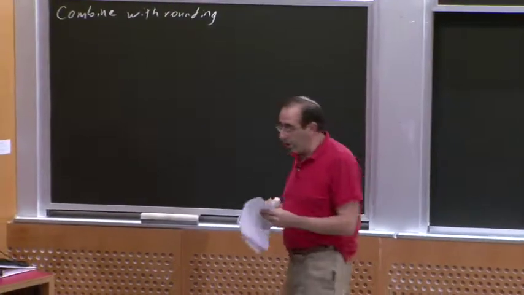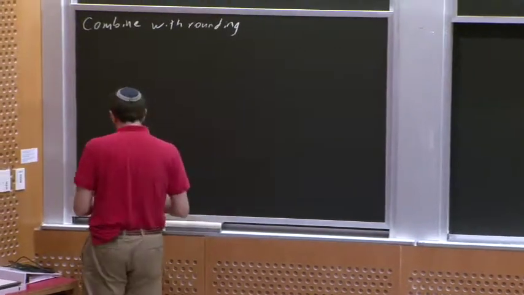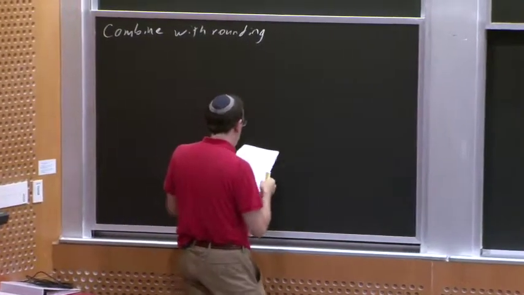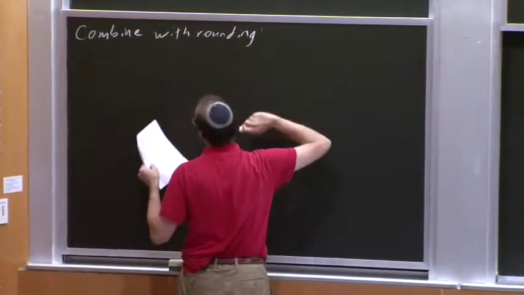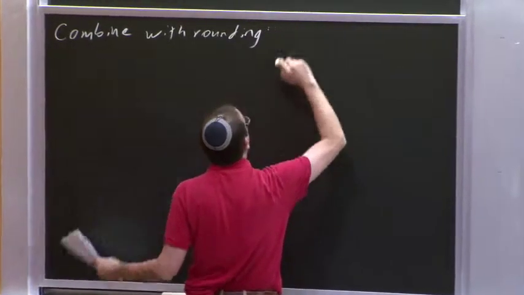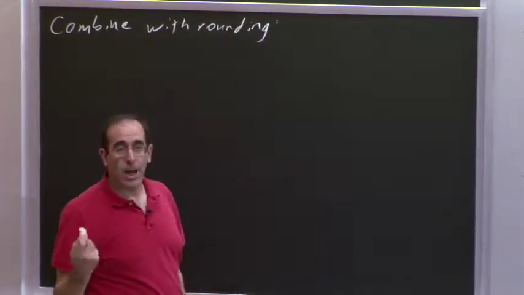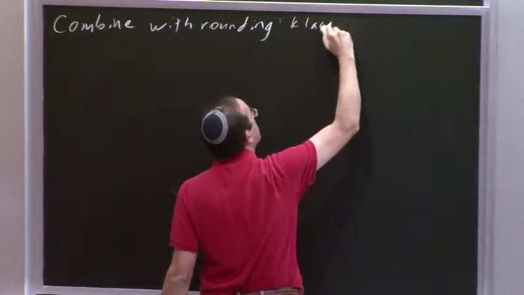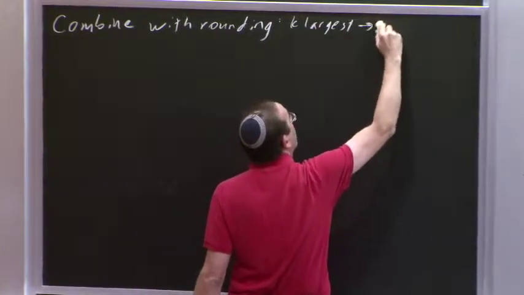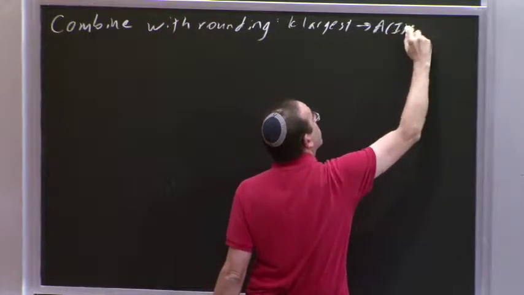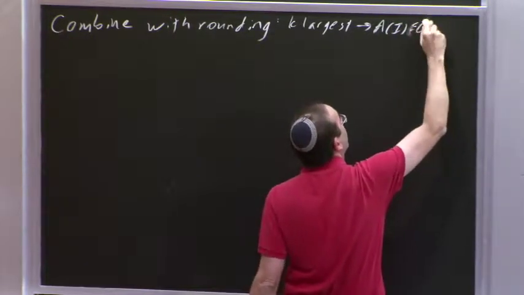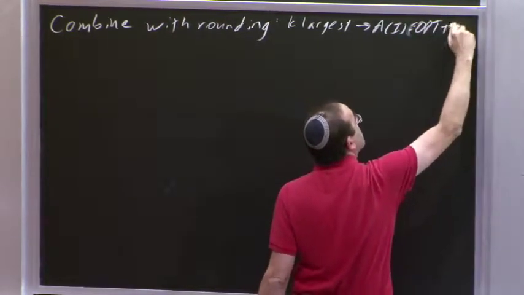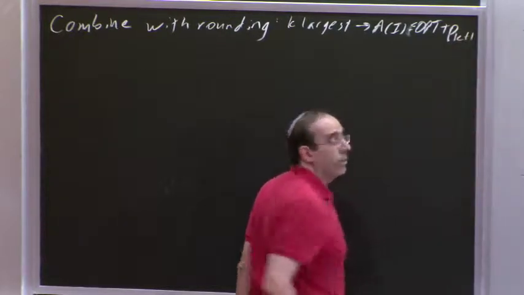So if you remember, I gave you a solution that relied on the fact that if you schedule the k largest jobs optimally, then you get an algorithmic solution whose value is at most the optimum plus the k plus first largest job, right?